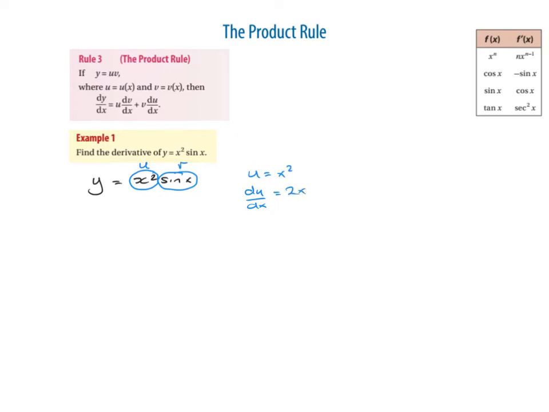I'm going to do exactly the same with the v. So v is equal to sine x. And if we look in our tables book, then we'll see that f dash x, or the derivative of sine x here, is equal to cos x. So let's write that down. So now what we have is dv/dx is equal to cos x.